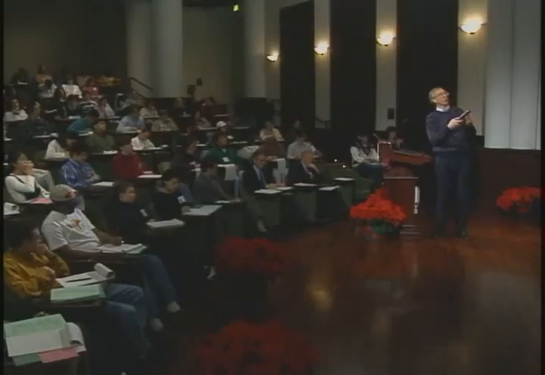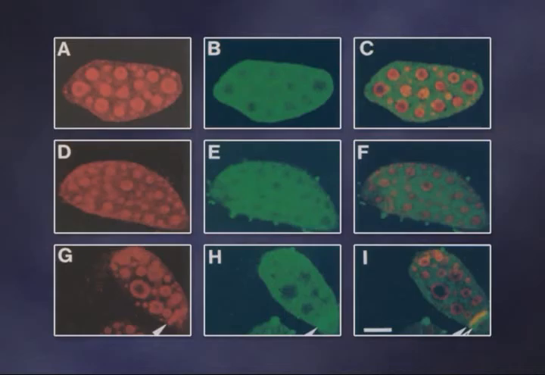Those are also localized in these same sort of spherical bodies as the telomerase. So if these are storage or maturation depots within the nucleus, they're not working only with telomerase, but with a number of small particles that have to have RNA and protein organized in a very cooperative way.